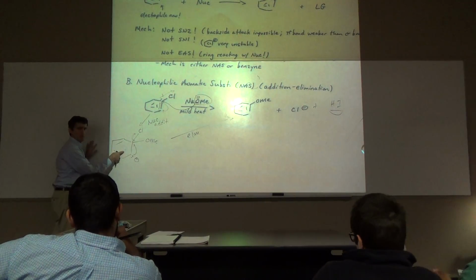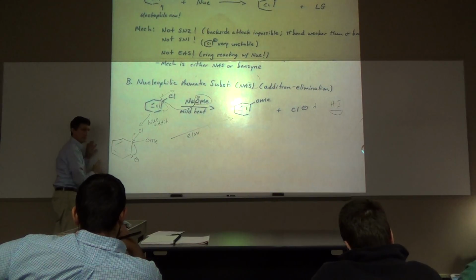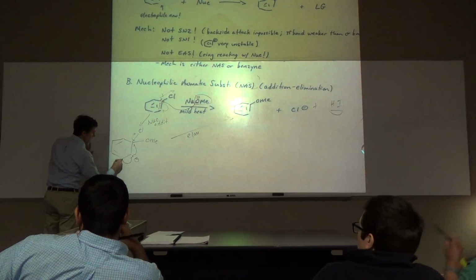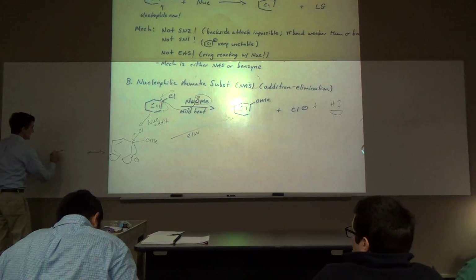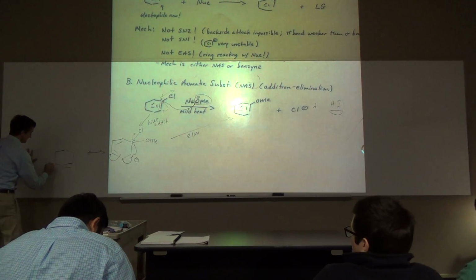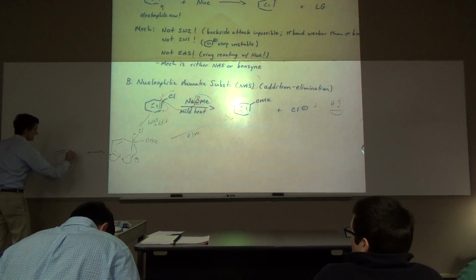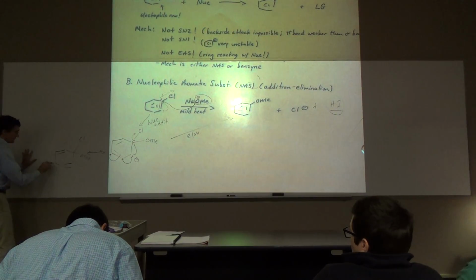Does this have any stability? We made a carbanion here. Does it have any stability? Yeah, resonance stabilization. Electrons here, electrons out. Boom. Minus, boom. And we can draw other resonance structures. One more.